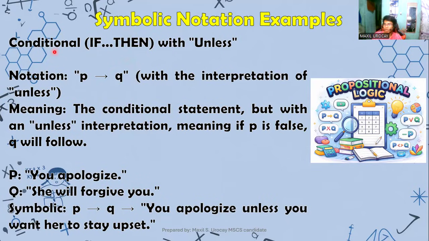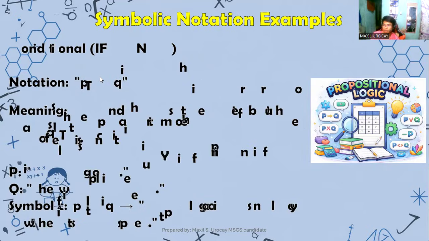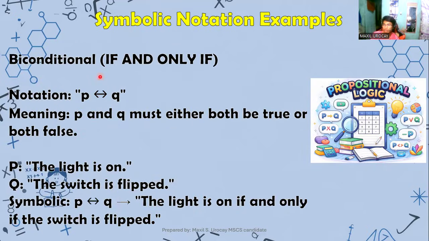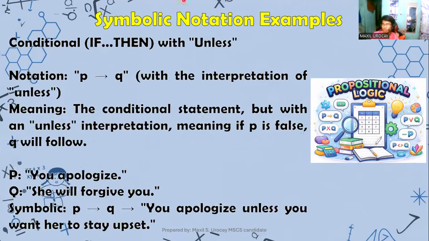Now, the conditional: if-then, excuse me, for the conditional, take note that there will be "unless." The notation is the same representation, however take note of the word "unless." Earlier we worked on the implication, but right now this is different because it is with "unless."